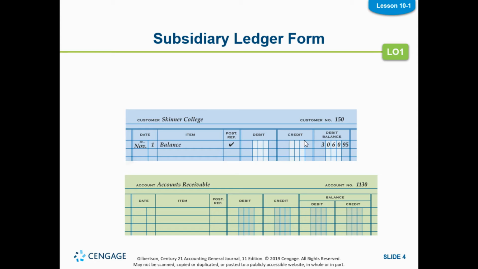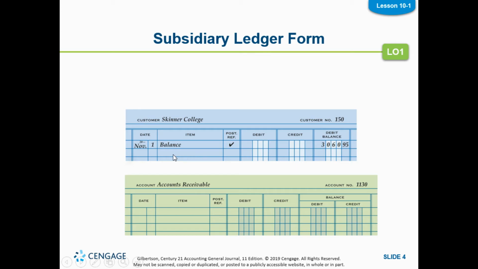You would just show a negative debit balance where your customer maybe overpaid you and you actually end up owing them money. All right, so that's actually more probable with accounts receivable to have a negative balance than it is with accounts payable where you would overpay your customer, I mean your vendor. That would be weird. Okay, so now let's say 99% of the time you're going to have a debit balance in your accounts receivable ledger. Okay, all right, and of course this saves a lot of time by having this information here.